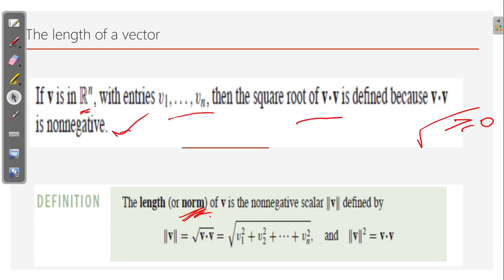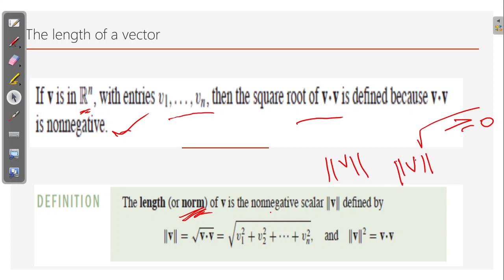So the length or norm of vector v is the non-negative scalar, written with two vertical lines. A single vertical line is the modulus of v, but norm v has two lines.